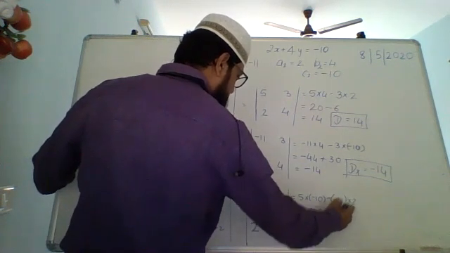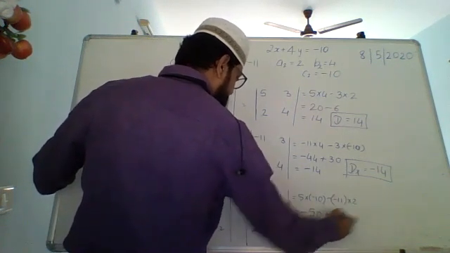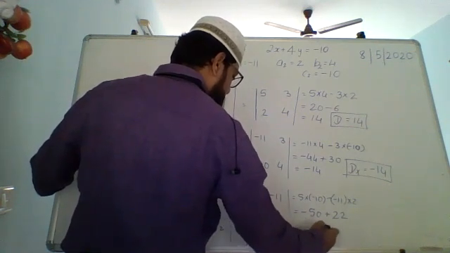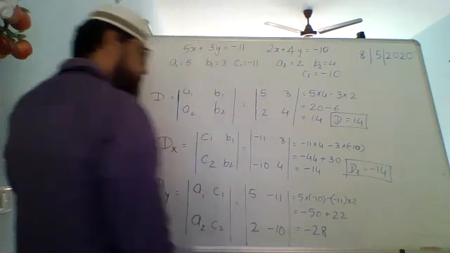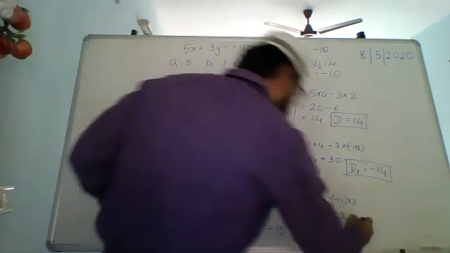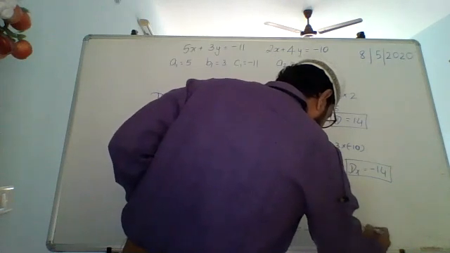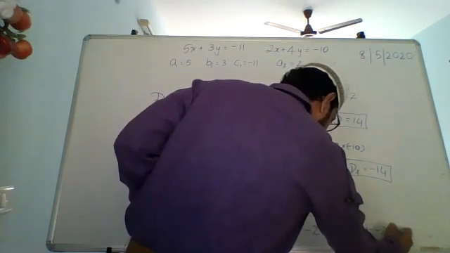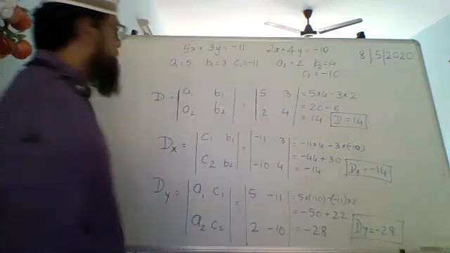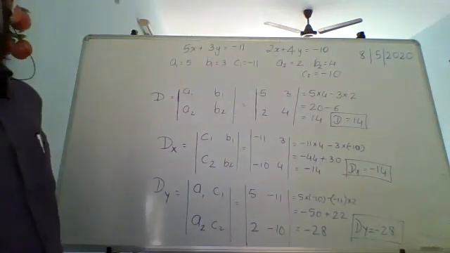Minus into minus is plus. 2 into 11 is 22. So this is minus 28. So we get dy equals minus 28.